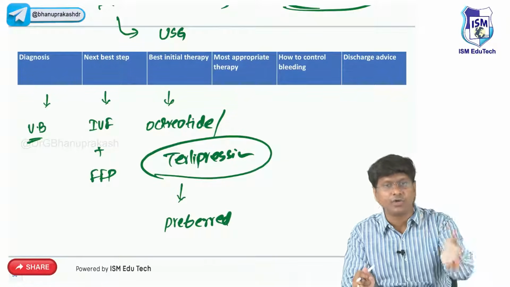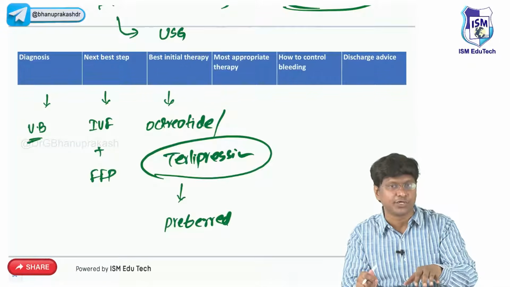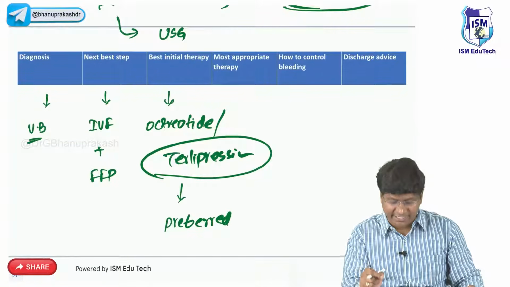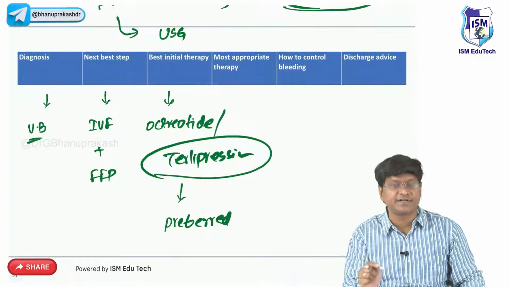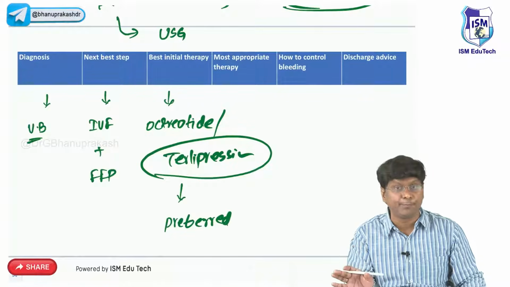Previously we were discussing octreotide as the drug of choice, but CMDT 2022 says that terlipressin may be preferred to octreotide for the treatment of bleeding related to portal hypertension.